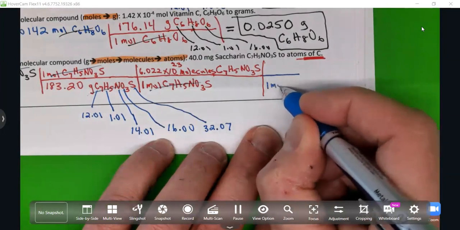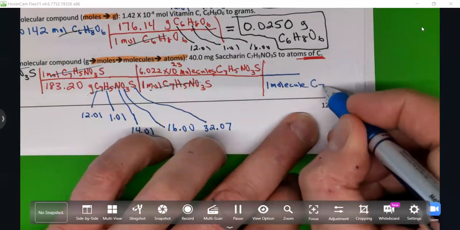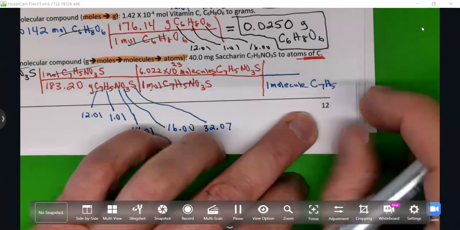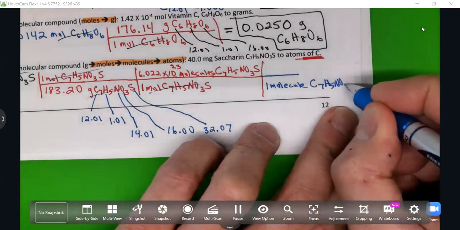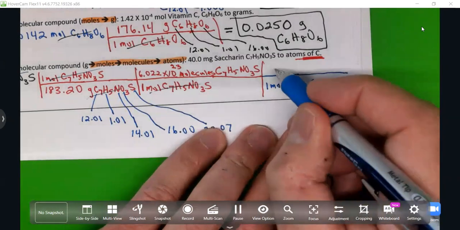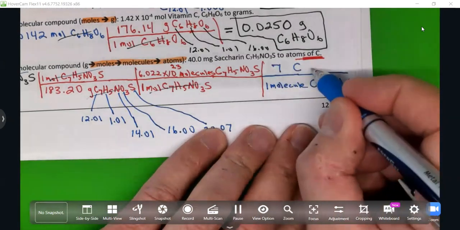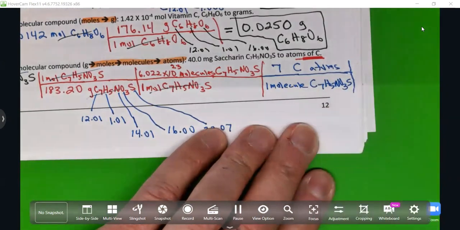We're going to go 1 molecule of C7H5NO3S. NO3S, I did sneak it in. You have 7 carbon atoms.